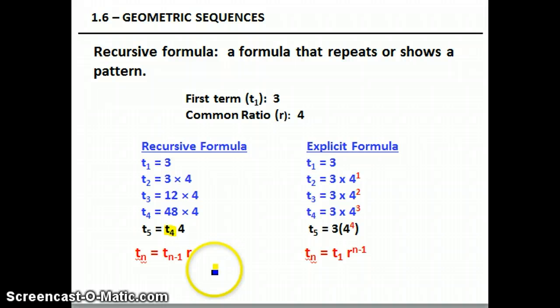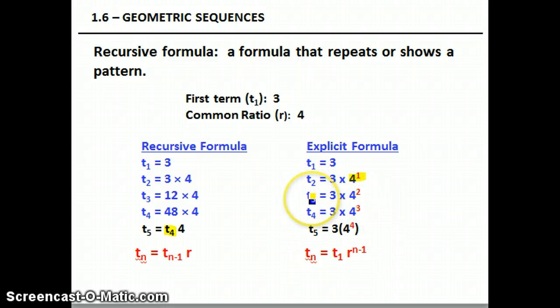So when we write it as a general formula, that's where we come up with T sub n equals T sub n minus 1 times r. If we look at the explicit formula, it's very similar except for one thing. We start with our first term, and we multiply the first term times 4 to the first power. This helps us find a specific term instead of needing always the previous term.